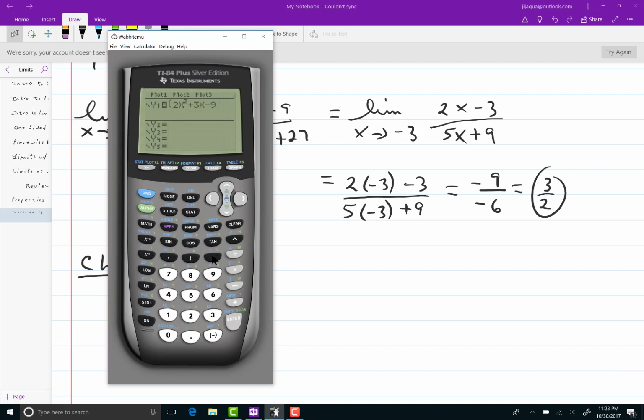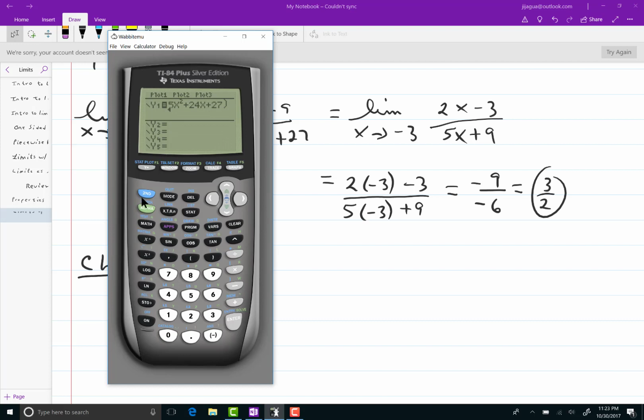Make sure that you have parentheses around the numerator and the denominator, divided by 5x squared plus 24x plus 27. And then go ahead and end the parenthesis.